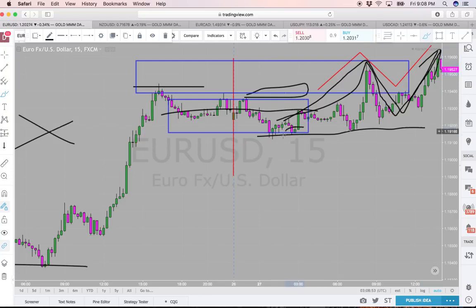So here's the low, here's a higher low, here's a higher high, because right here's the high of the day, and the high of the previous day. So we're already creating higher highs, comes back down, creates a higher low, another higher low, and then comes back up, creates that higher high.